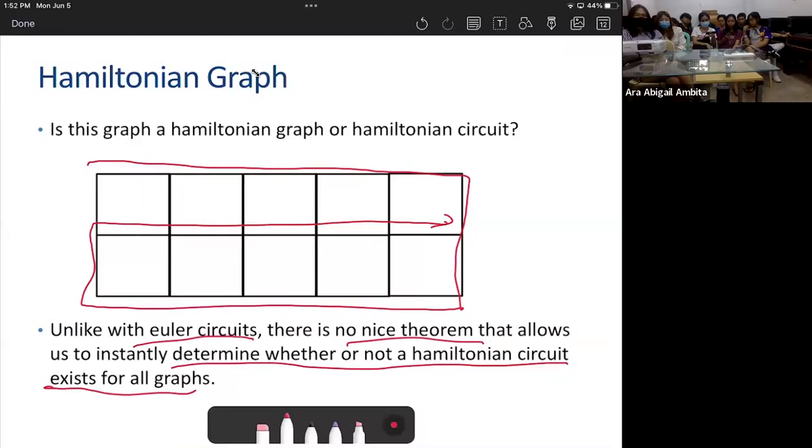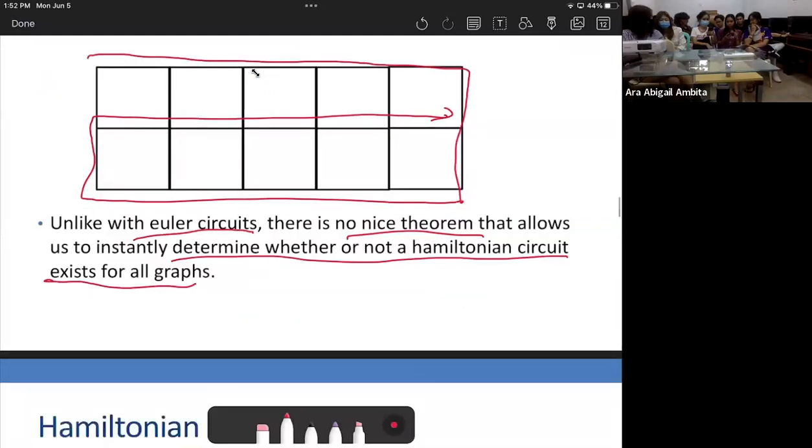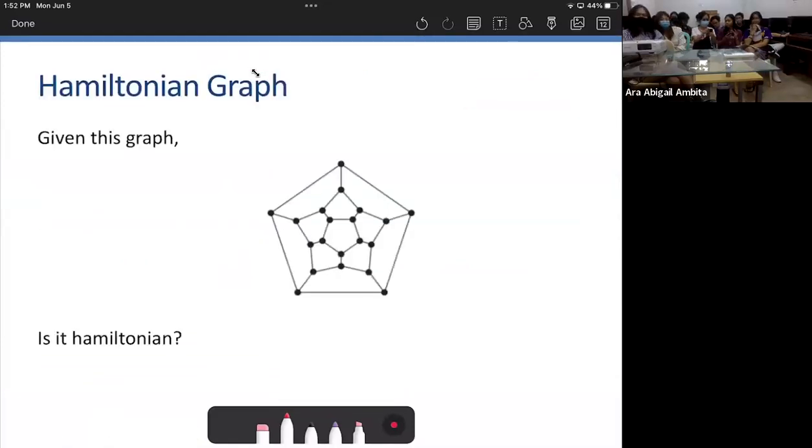But for Hamiltonian circuits or graphs, there is no theorem for us to do that. So, yeah. But maybe one of you can find it, right? Maybe you will be the one to find a solution.